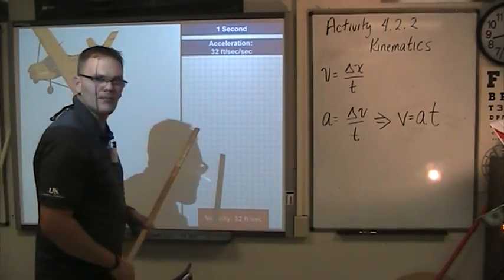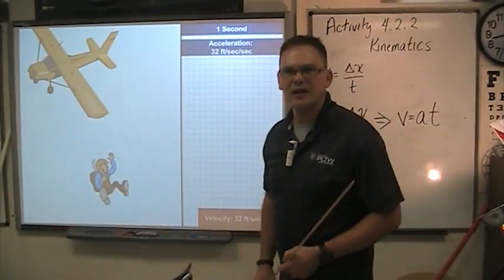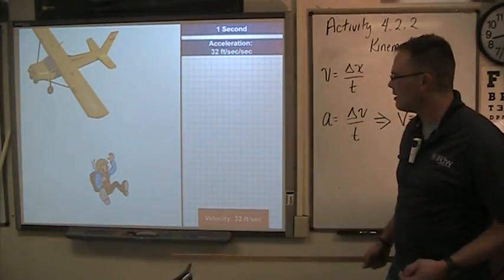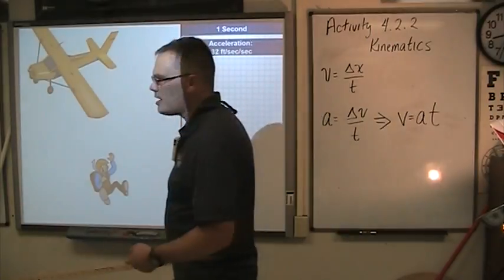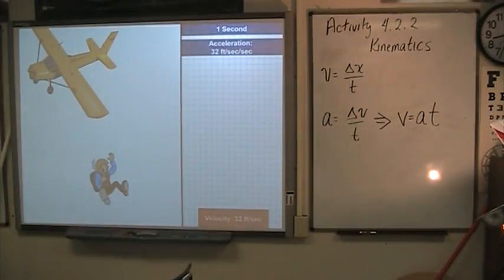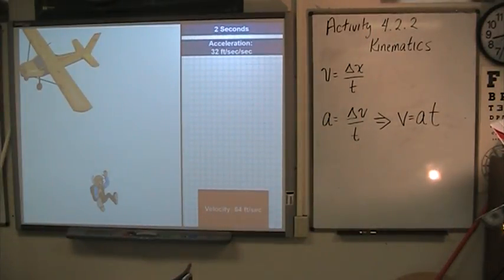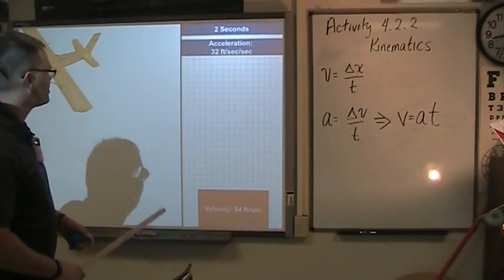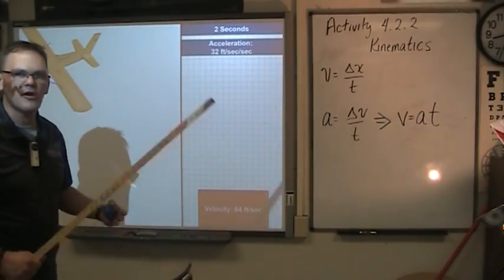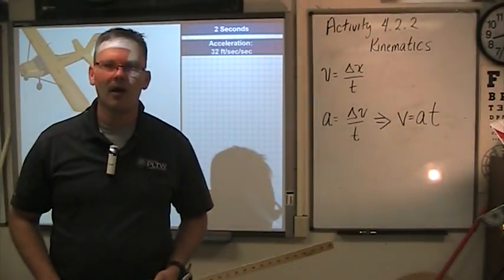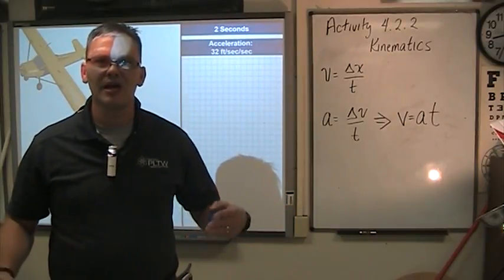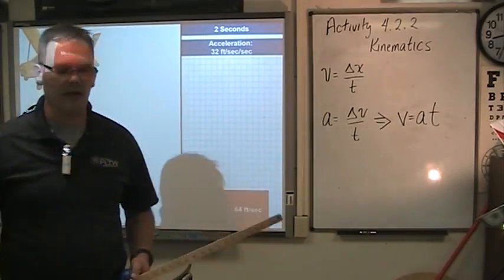Therefore, his velocity after 1 second is 32 feet per second. Now, we can also talk about 2 seconds. With 2 seconds, he speeds up another 32 feet per second, making his velocity now 64 feet per second.